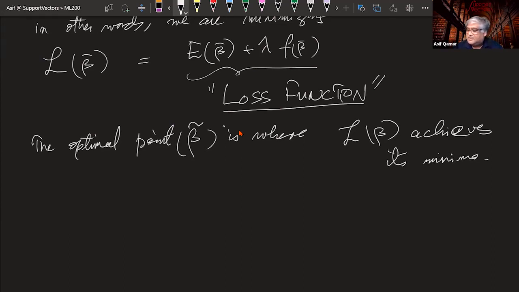By the way, do you notice that I'm using a very scripted L? I'm not just writing it like L beta. It is much more common to use this calligraphic L for the loss function. Mathematicians tend to use the calligraphic L. If you use just ordinary L, that too is used, but more common is this calligraphic L for the loss function.